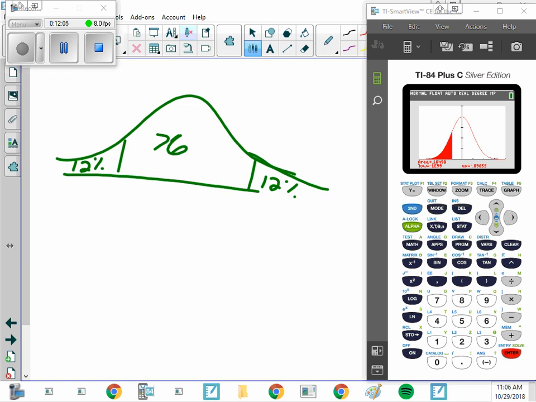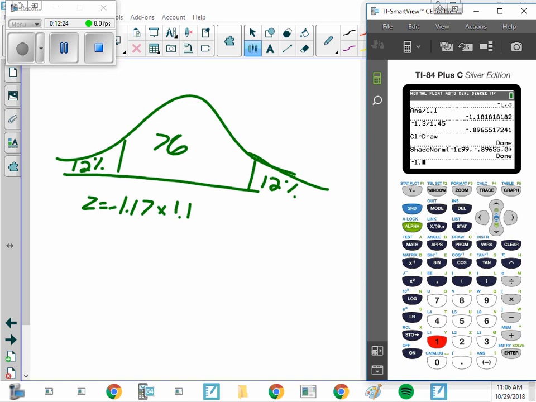1.17. So Z is -1.17. What do I do with that? Need to turn it back into inches. So I multiply this by the SDX, 1.1. So -1.17 times 1.1.